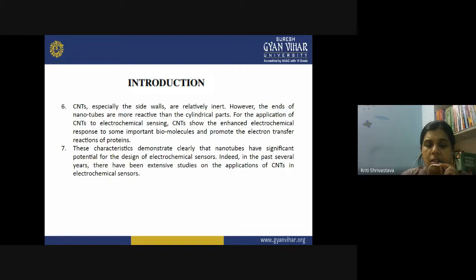Before discussing the applications, first of all, we will discuss what carbon nanotubes are, what their properties are, and how we can prepare them, and in the last section, we will discuss the application of such modified electrodes.